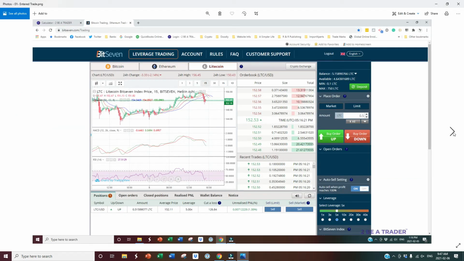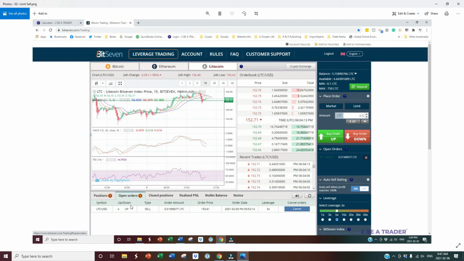I'm going to show you, I'm putting in my limit sell order here. It's a sell. I still have my position there, my limit sell. I'm putting it in at 153.61. Right now the trading platform is trading at 152.71. It hasn't reached my desired earnings yet, but I put in my limit sell because I have to leave the computer.